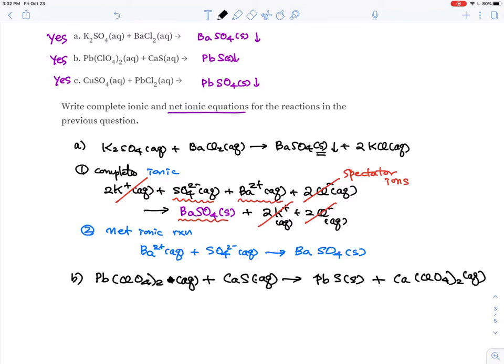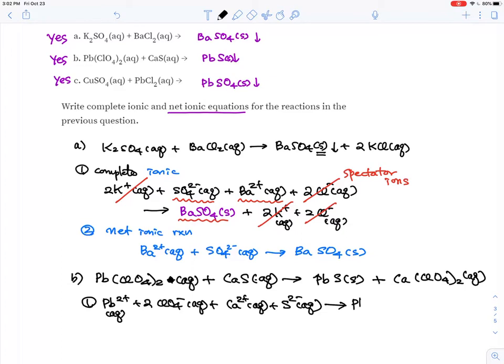Okay, so the complete reaction is Pb 2 plus aqueous, it's a lot of writing, 2 times ClO4 minus aqueous, calcium 2 plus aqueous, sulfur 2 minus aqueous.